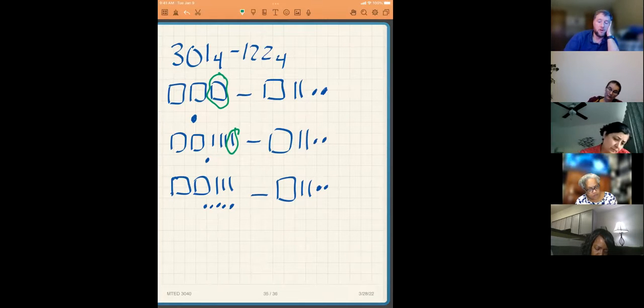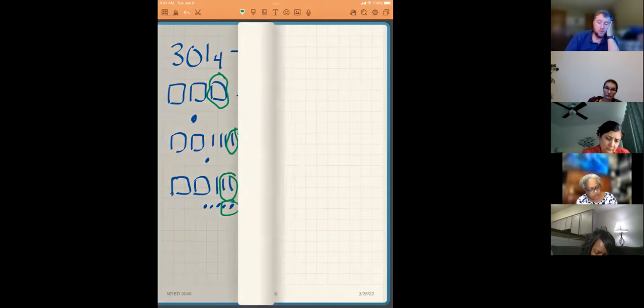So I'm going to do this in green. I'm going to take 2 of those away from 2 of those. I'm going to take 2 of these away from 2 of these. And I'm going to take, nope, I'm not going to do that.